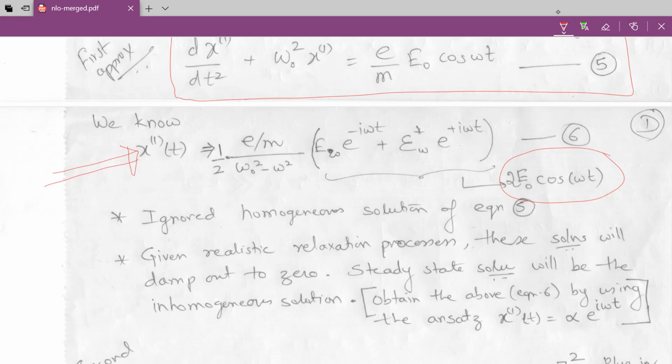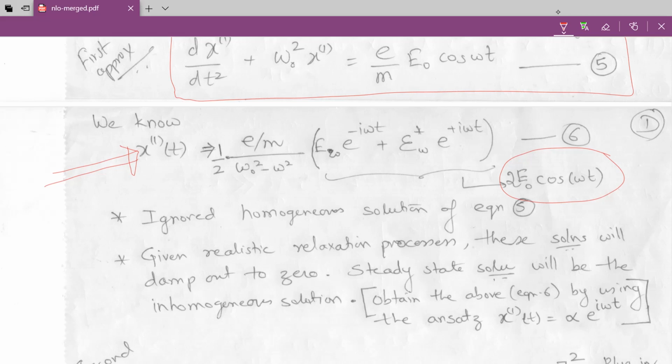And you see that there is a resonance term, that omega equal to omega naught, this is going to blow up. Remember that I have ignored any relaxation processes in my system, but in reality there will be relaxation, and that gives a complex term that is added to it.